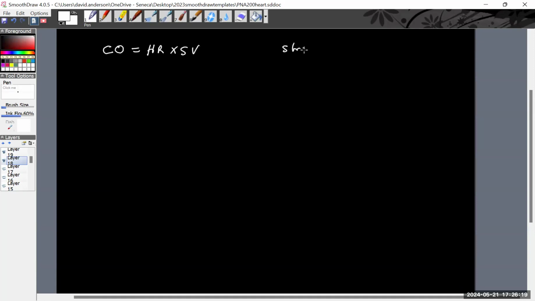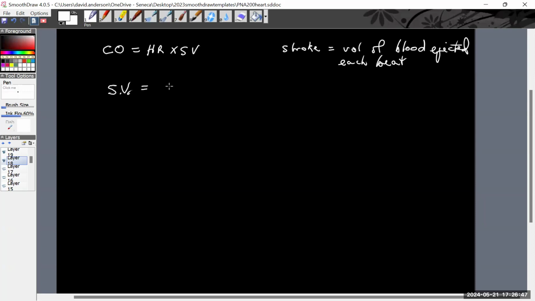Stroke volume is the volume of blood ejected each beat, or each cycle, if you like. So stroke volume is dependent on 4 major factors.